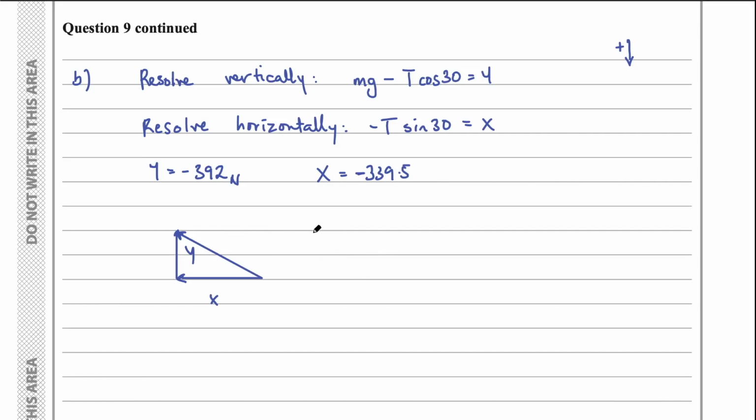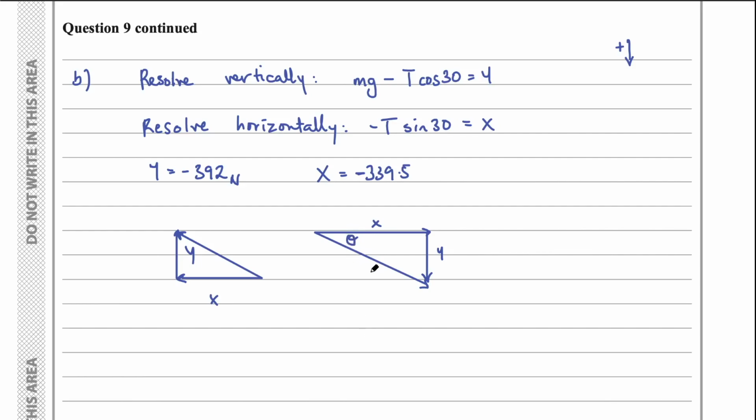So we would have some horizontal force equal to X, and then some vertical force equal to Y, and then some net force in this direction here. Okay, so the direction we're looking for is actually this angle in here, this angle away from the horizontal.